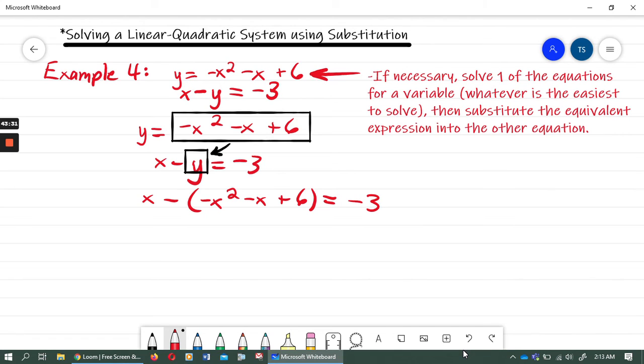Look at that, y'all. This is a quadratic equation. We have talked about solving quadratic equations. Y'all, we did an entire unit on solving quadratic equations. You know how many different methods we talked about?